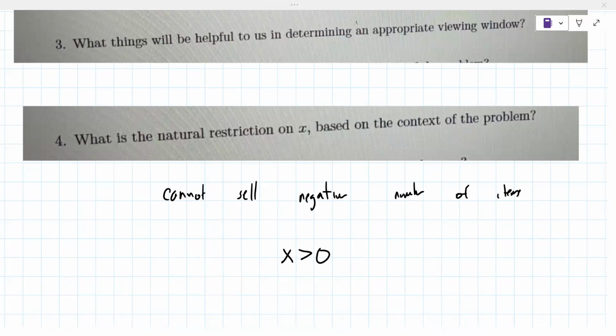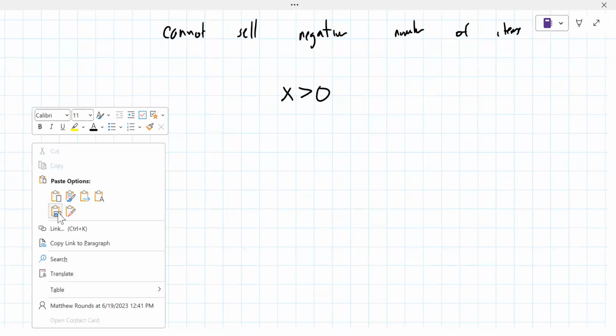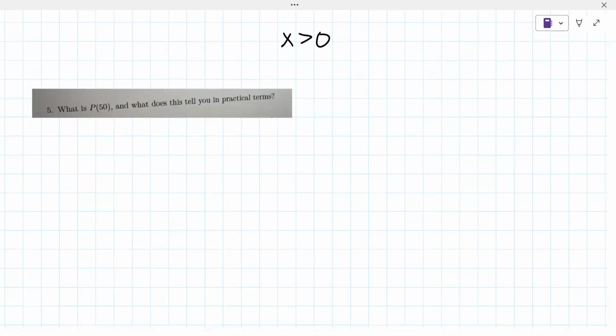Okay, for the next part, number 5, I'm going to ask you to get involved. It wants you to determine P of 50, and the function is given here.